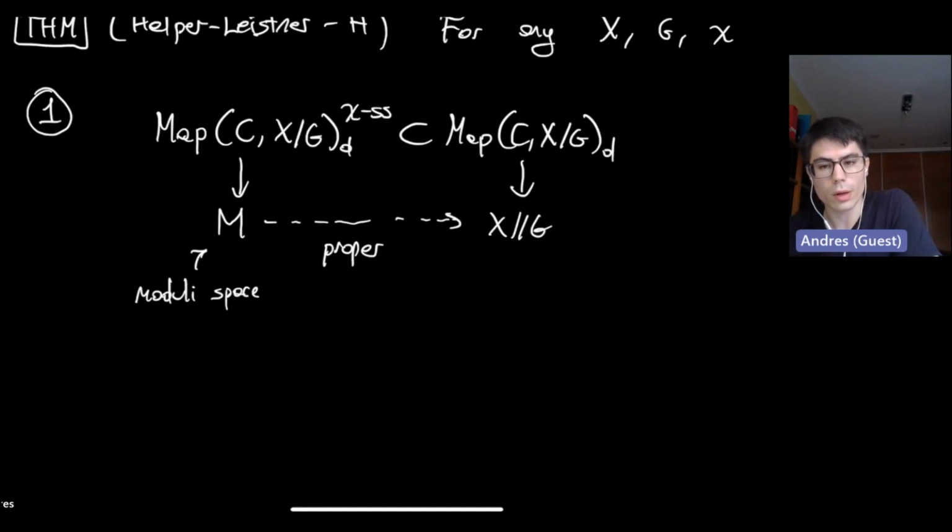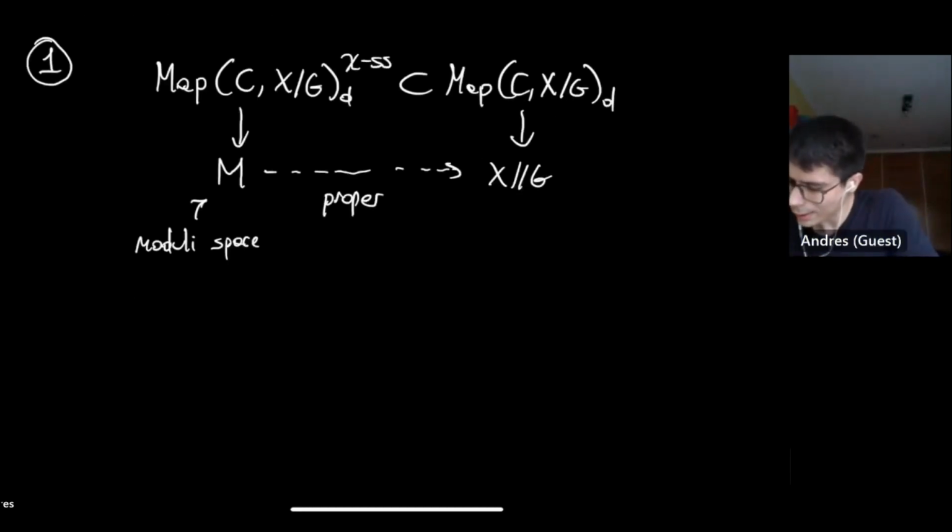This was also obtained by GIT, maybe for a slightly stricter notion of semi-stability, by Schmitt. So our approach is slightly different and a bit more intrinsic. We use some of these recent stack-theoretic intrinsic constructions of moduli spaces to obtain this. That way we work directly with the stack. We don't have to do all of these reduction steps.